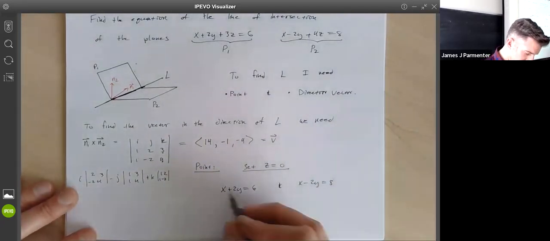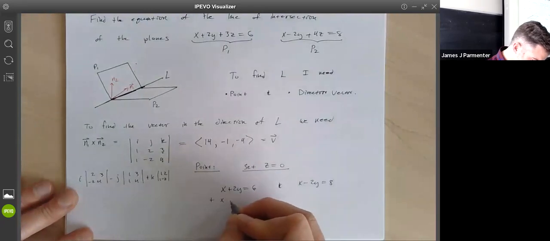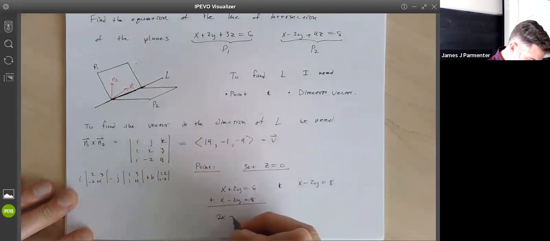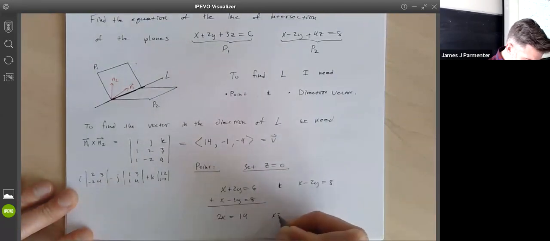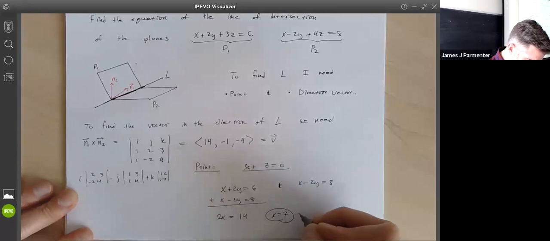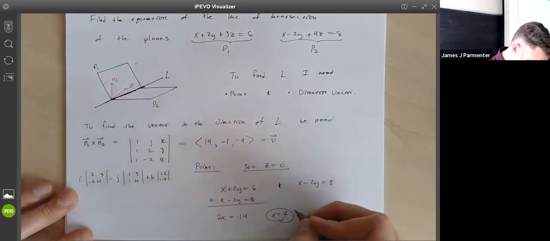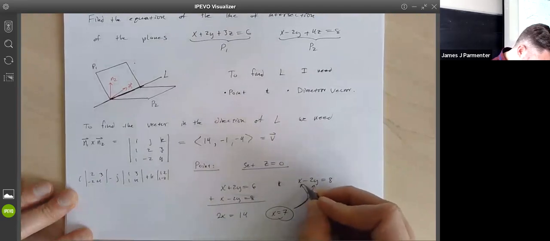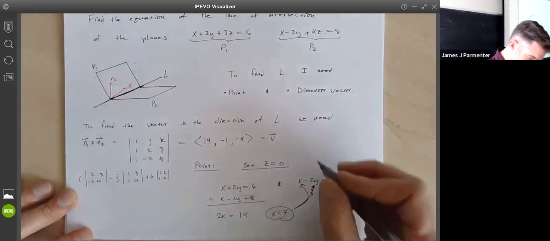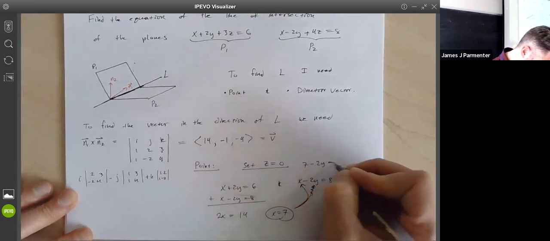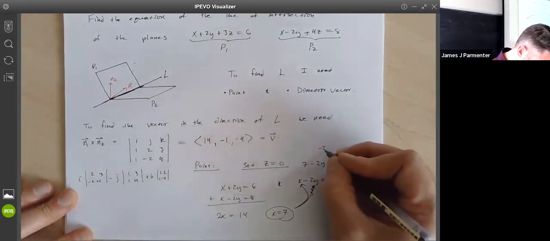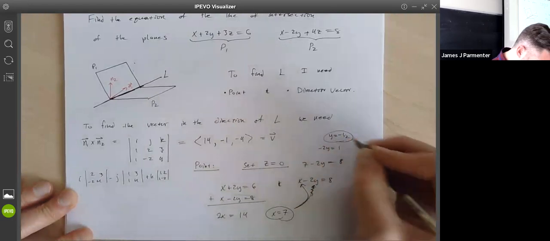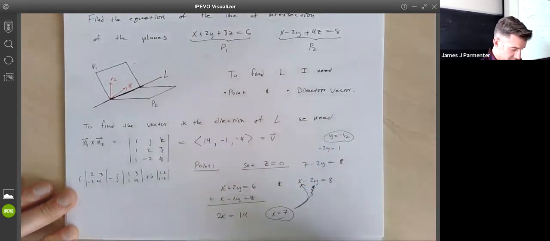If I add them, I get 2X equal to 14, so X equals 7. Plug that back in and get 7 minus 2Y equal to 8. So negative 2Y equals 1, so Y equals -1/2. And Z equals 0.